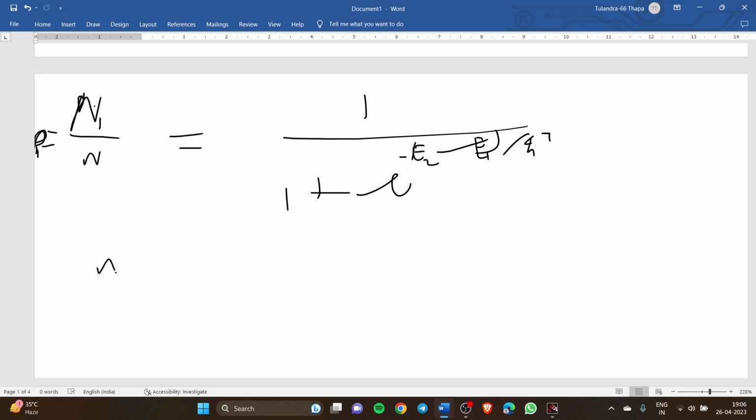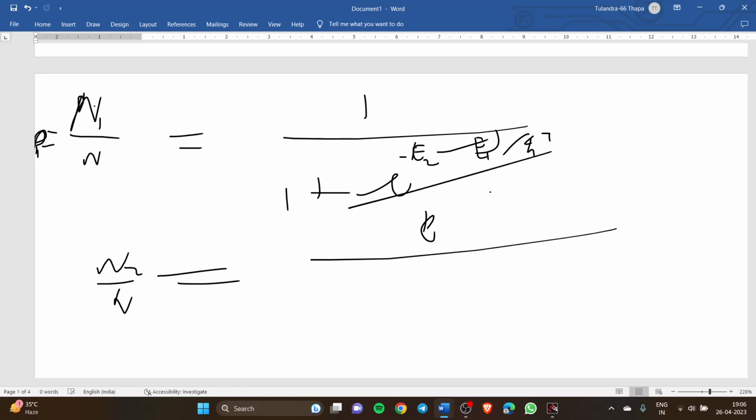And n2 upon n is e to the power minus (e2 minus e1) divided by kT upon 1 plus e to the power minus (e2 minus e1) divided by kT.